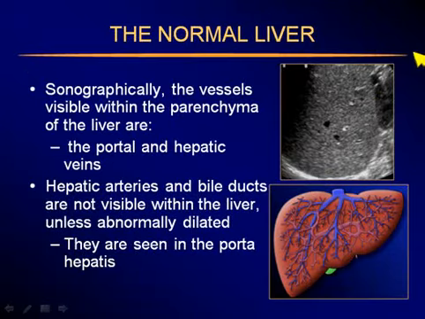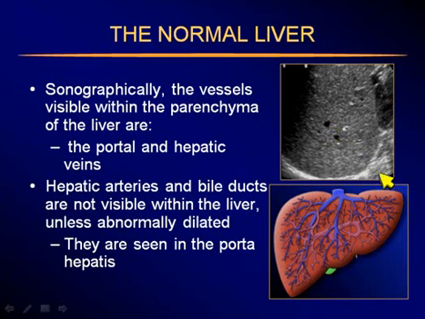When we look at the liver parenchyma itself, we realize that there are little holes throughout the liver. Sometimes we see little cylindrical shapes, and some of them have bright walls, and some of them do not. So then we have to figure out what we're looking at. Sonographically, the vessels that are visible within the parenchyma of the liver are the portal vein walls and the hepatic veins.